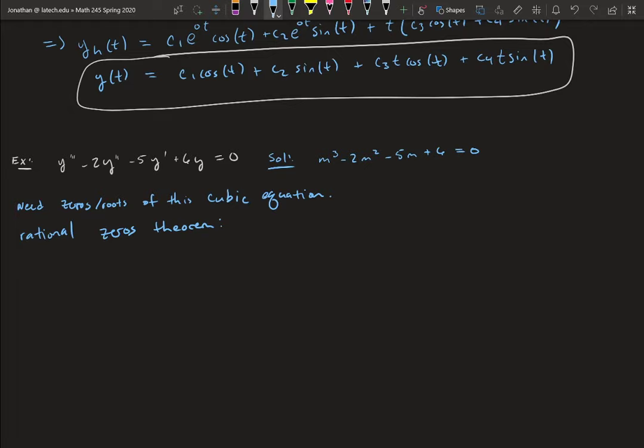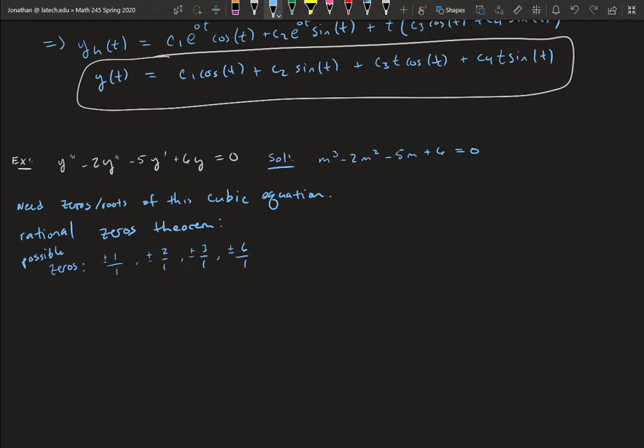So the zeros, or we could say possible zeros, are plus or minus 1 over 1, plus or minus 2 over 1, plus or minus 3 over 1, plus or minus 6 over 1.